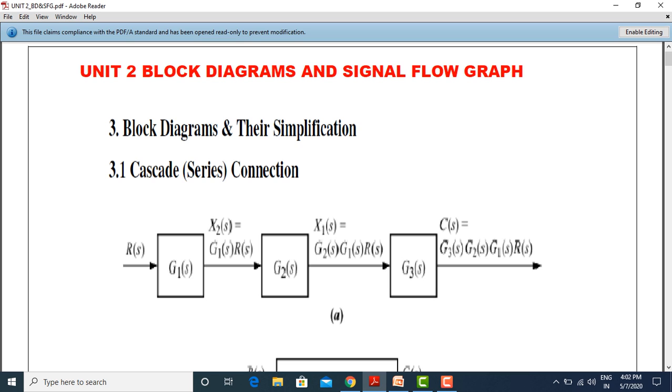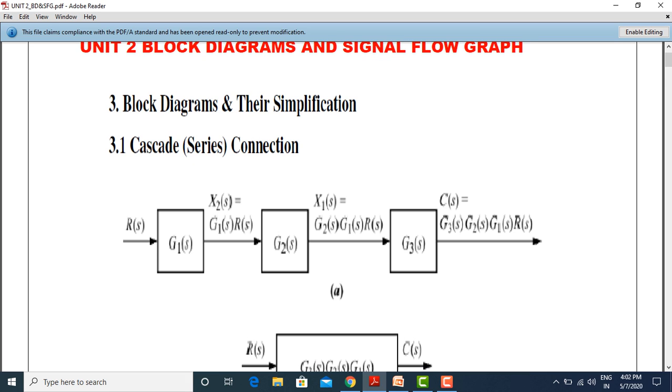In exam they'll give you one complicated block diagram and we have to reduce that. There are some rules and regulations to eliminate complicated diagram and form a single loop. So first rule is cascade or series connection.